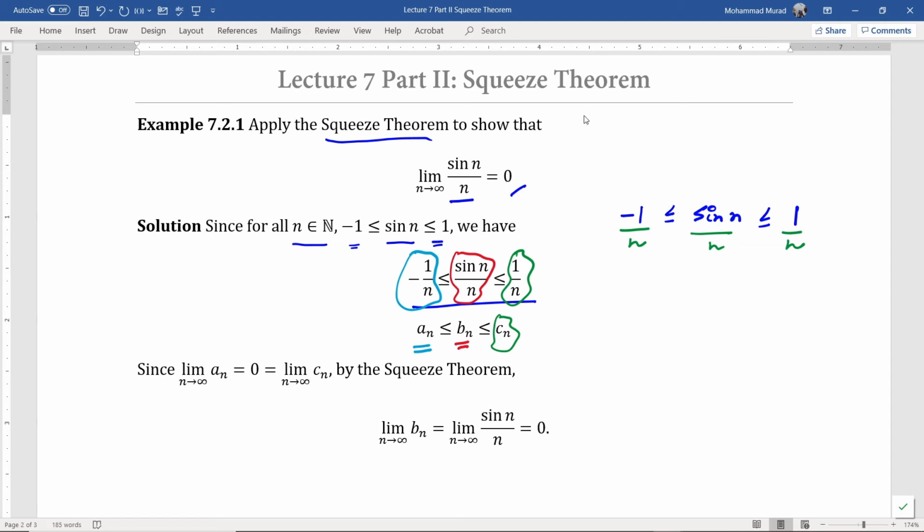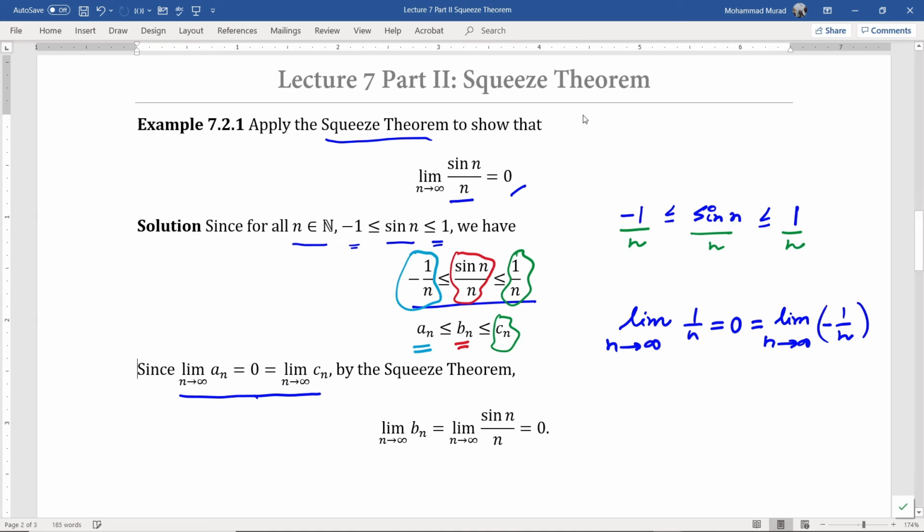Since the limit of a sub n equals 0 and the limit of c sub n also equals 0, by the squeeze theorem, the sequence of terms in between, which is sine of n over n, also equals 0.